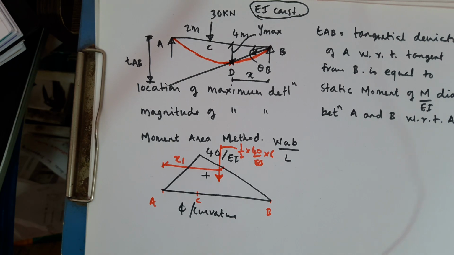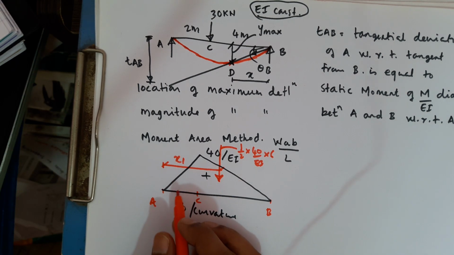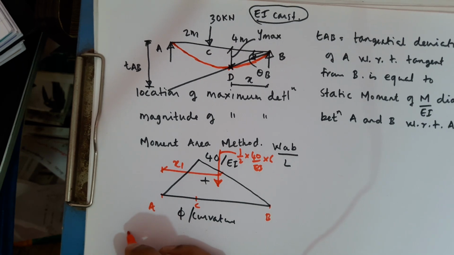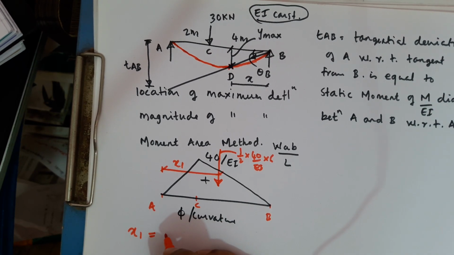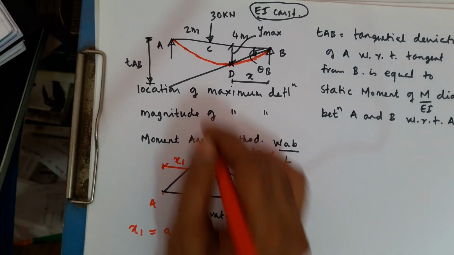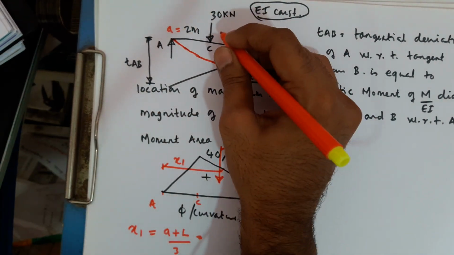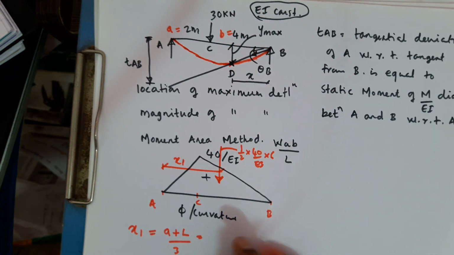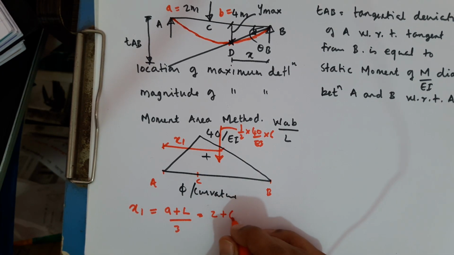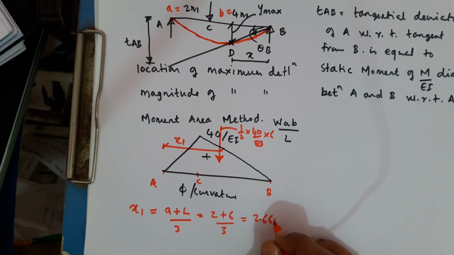X1 is calculated using the formula for centroidal distance from the left side and from the right side. X1 is given as x1 equals A plus L by 3. In the problem, A is 2 meter and B is 4 meter. So x1 is 2 plus 6 by 3, which gives 2.66 meter.